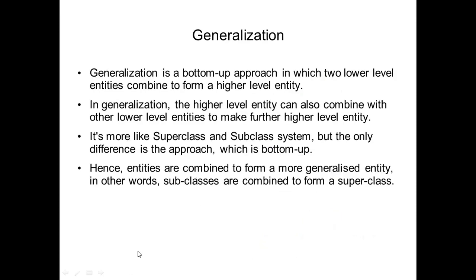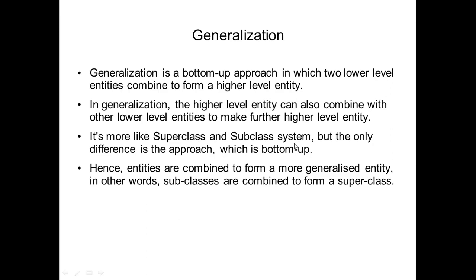Now we will see the generalization. It is a bottom up approach. Bottom up means it is going from bottom to top. Bottom up approach in which two lower level entities combine to form a higher level entity. Means here two subclasses can be combined for creating one superclass.